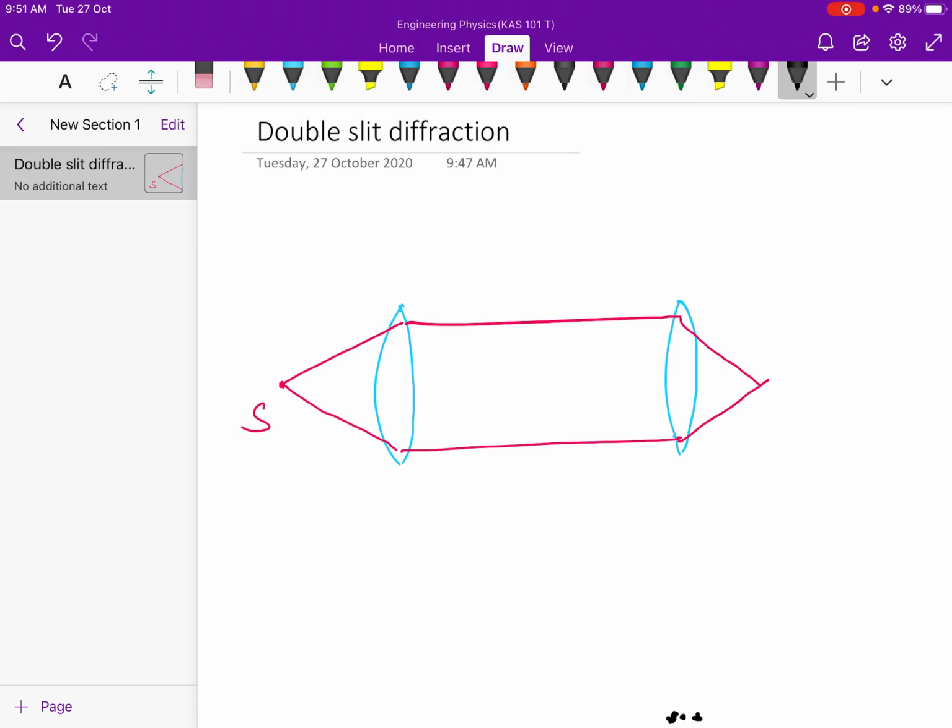Here you have a screen. This is your screen. This is your source. The light beam is incident like this, incident on the screen at a point P. Let us draw the diffracted version of it.